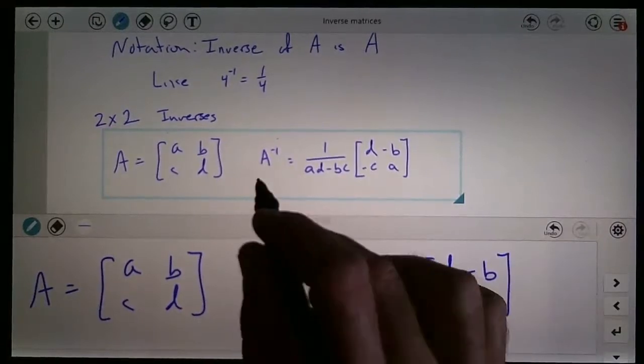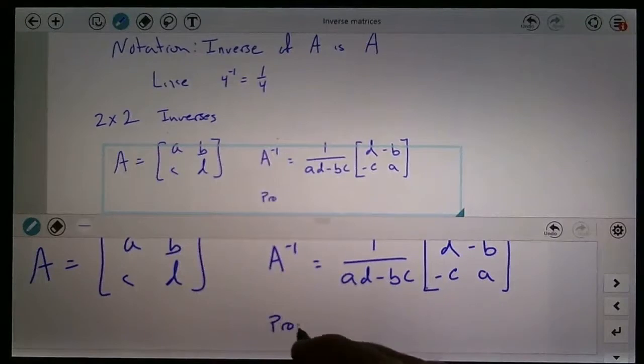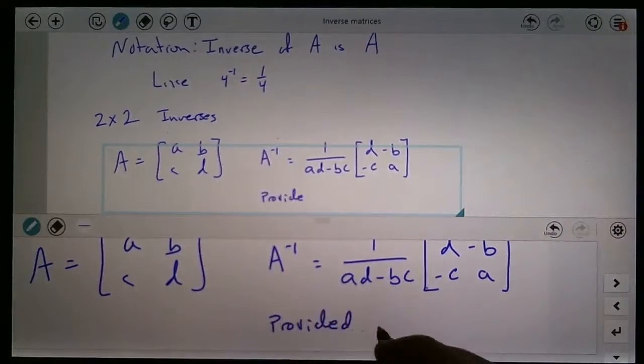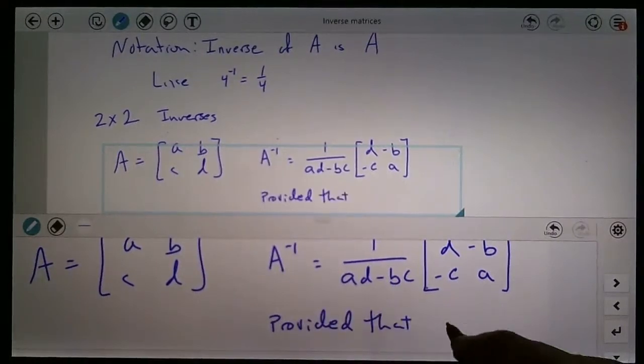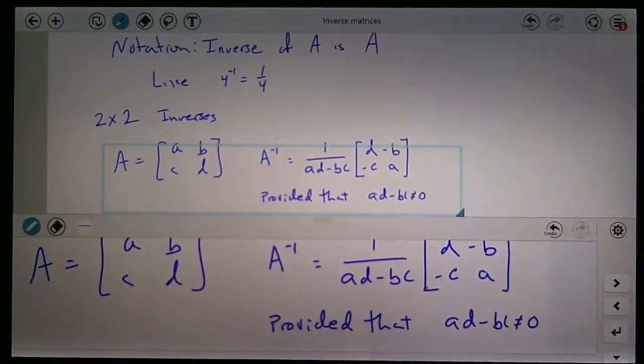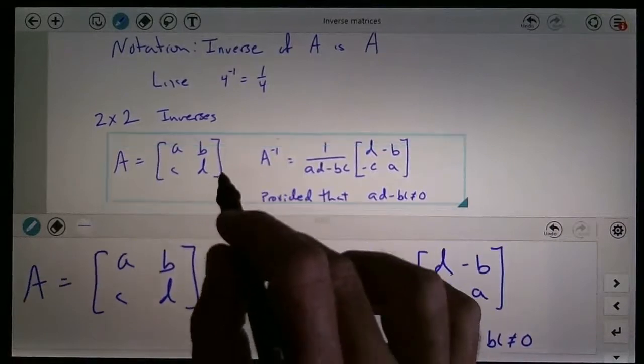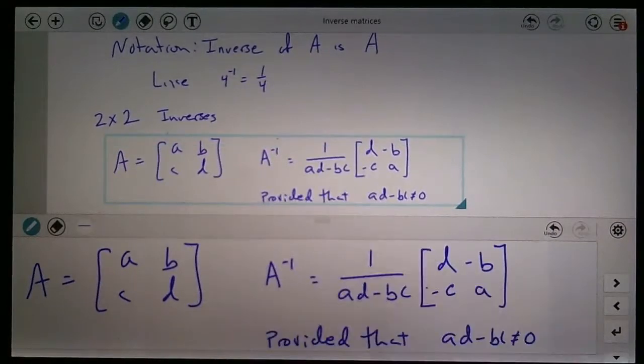This is, of course, provided that you're not dividing by 0. And as long as you're not dividing by 0, then A is invertible, and this is what it is. In fact, for 2x2 matrices, it's going to turn out that this is really all you need.